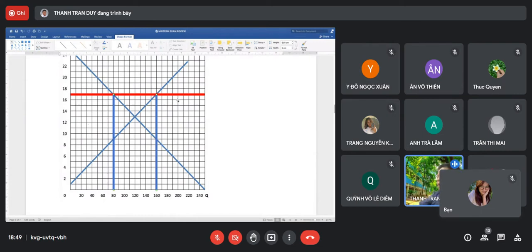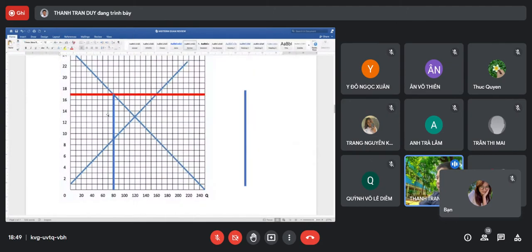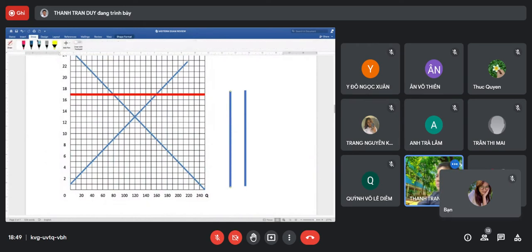Now this is the floor, right? And if we have a ceiling like this, then we have a non-binding ceiling, right?